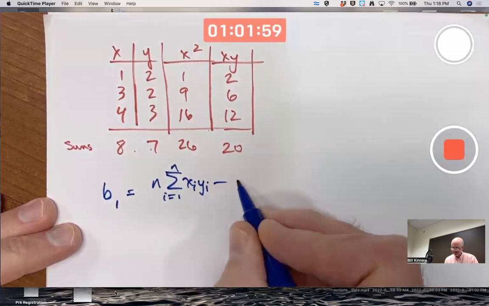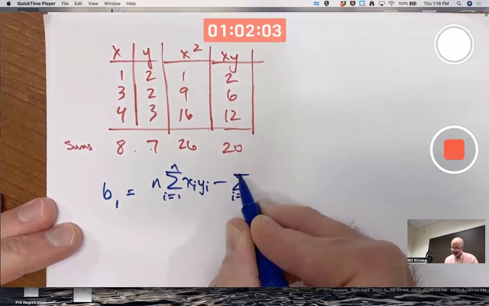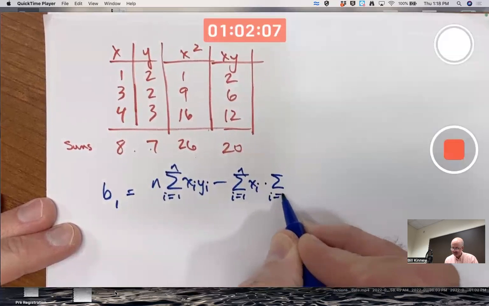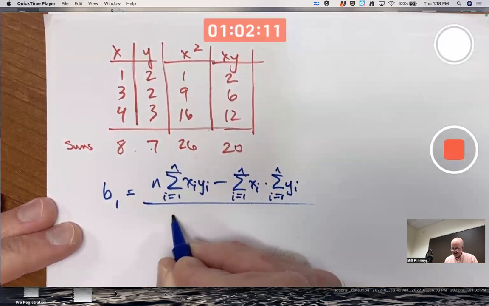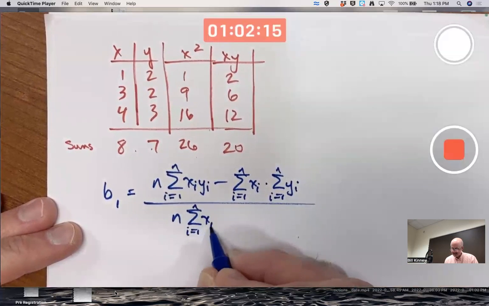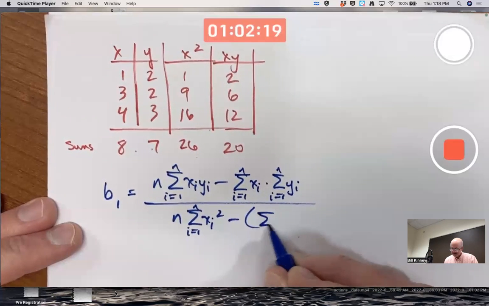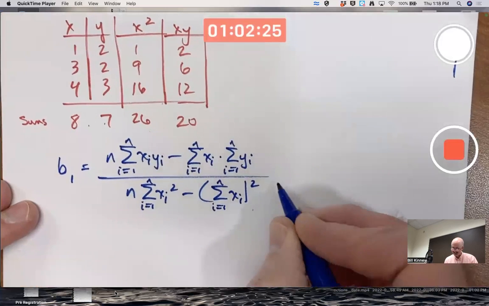Times, I believe, the sum of the X's times the sum of the Y's. Yes. Divided by N times the sum of the Xi squareds minus the sum of the Xi's quantity squared, right? All right, I got it.